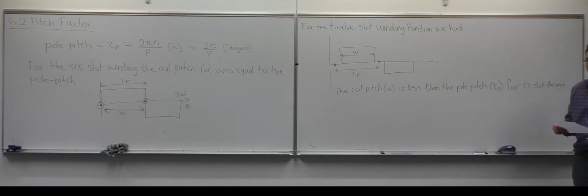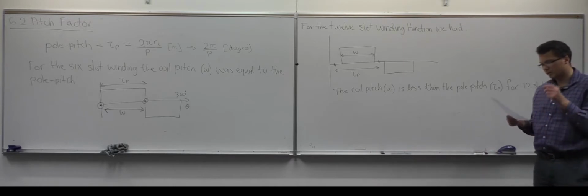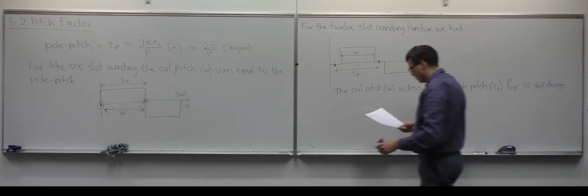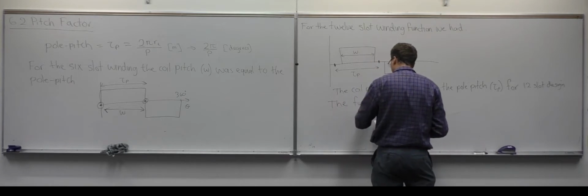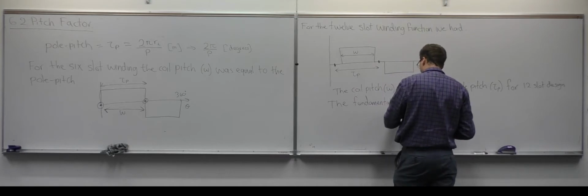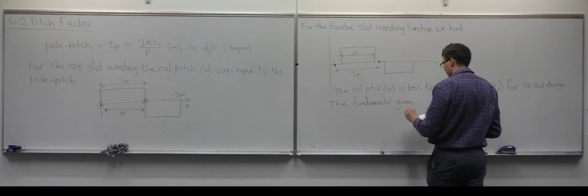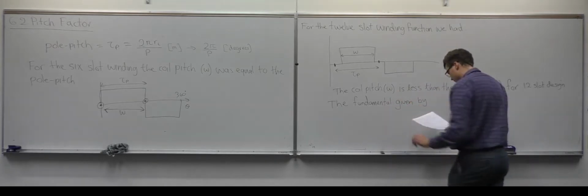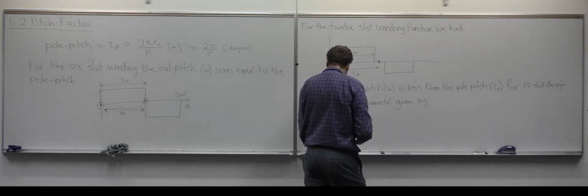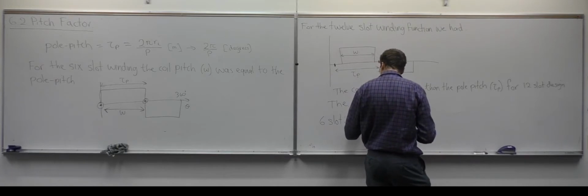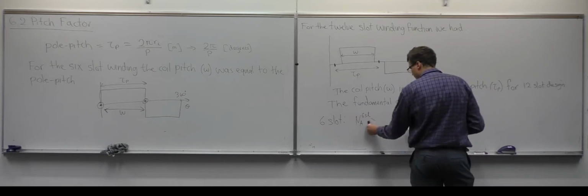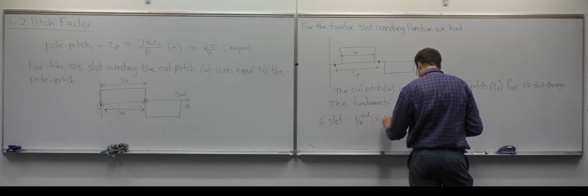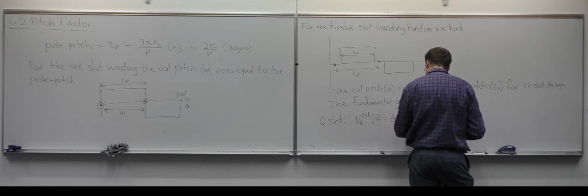Okay. Now, if we look at the fundamental component from the Fourier analysis that we worked out, for the 6 slot, the winding function for the fundamental was 4 NW divided by pi sine theta.